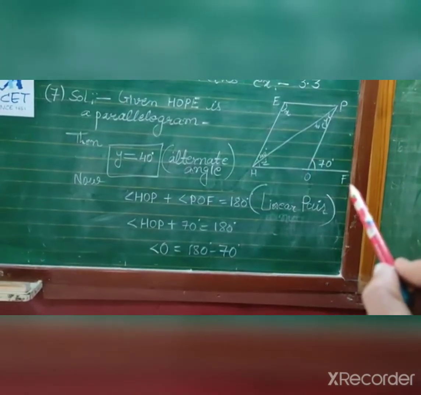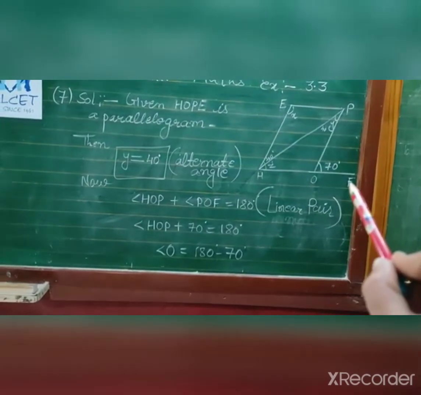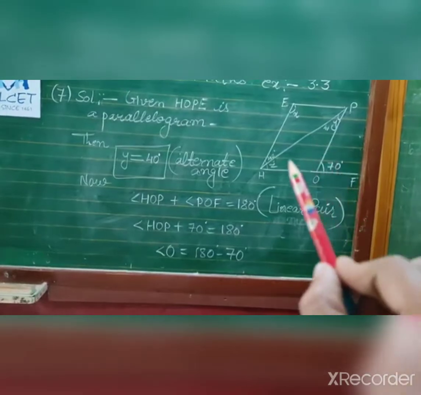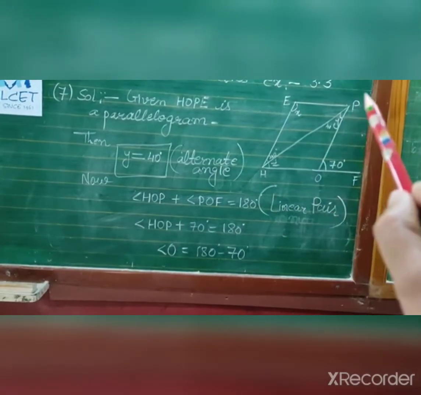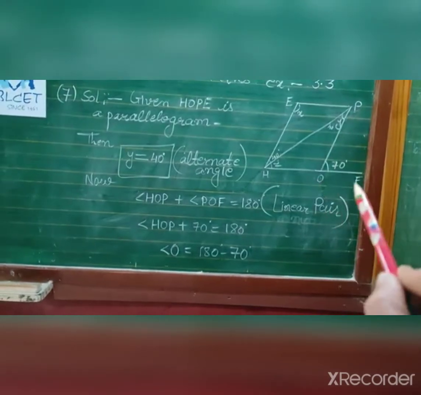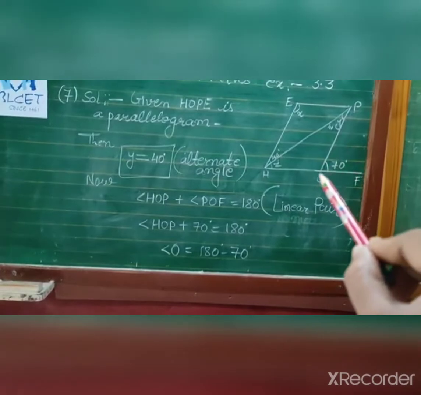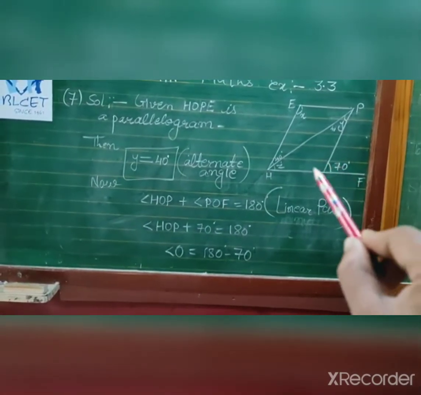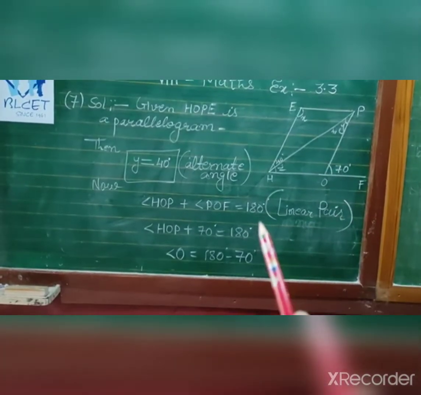Now extend. The line is already given in the figure, so you will give the name of this F. Now you can see HOP and POF are on one straight line, a slanting line, so linear pair. So the sum of this angle and this angle will be 180 degree.